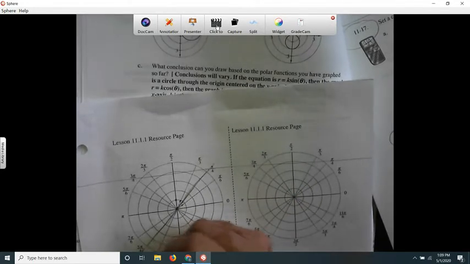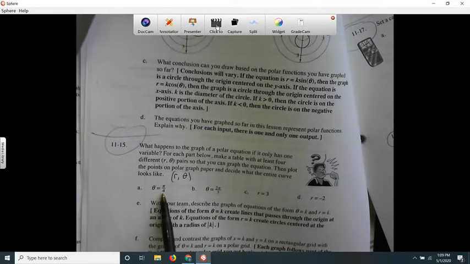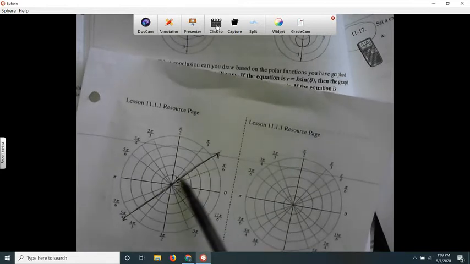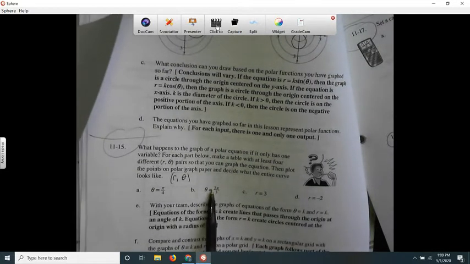So theta equals pi over 4 is just going to look like a line going right on top of the pi over 4 grid lines. Okay, that's what pi over 4 looks like. Theta equals 2 pi over 3.